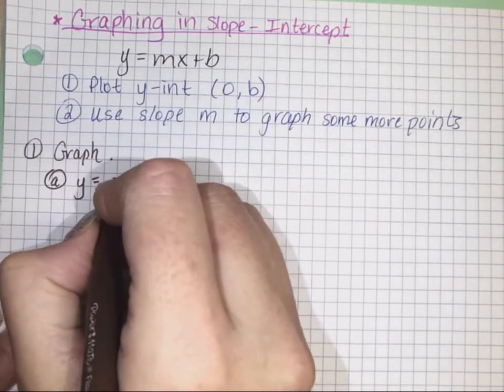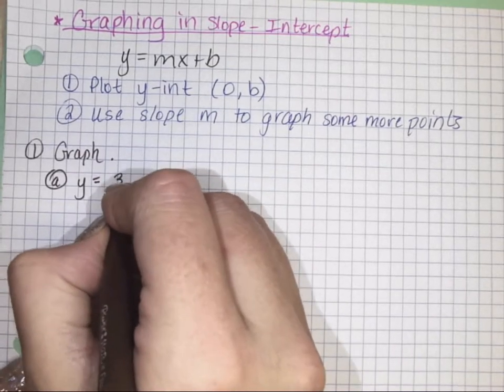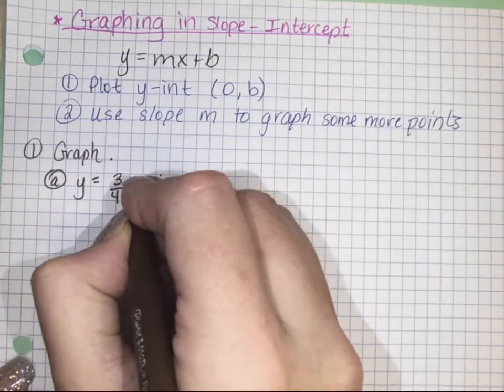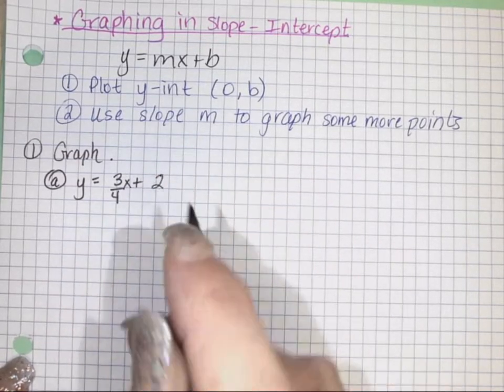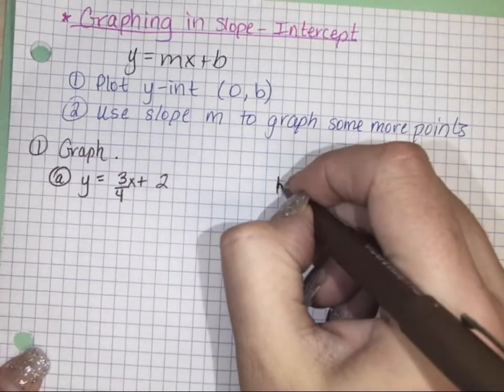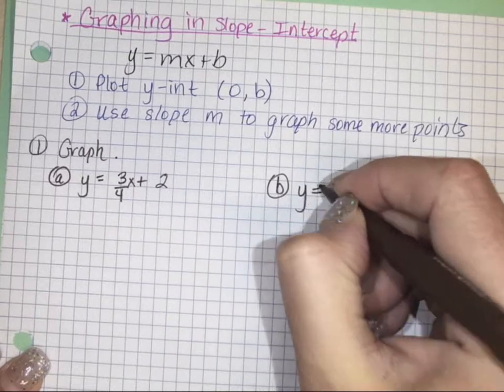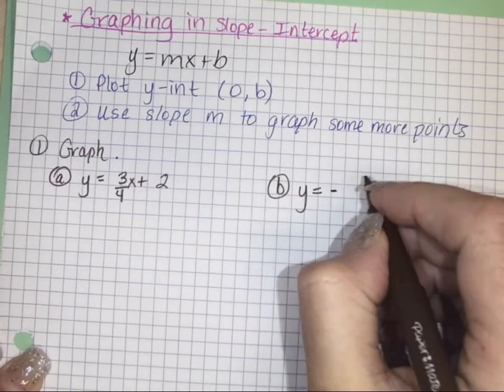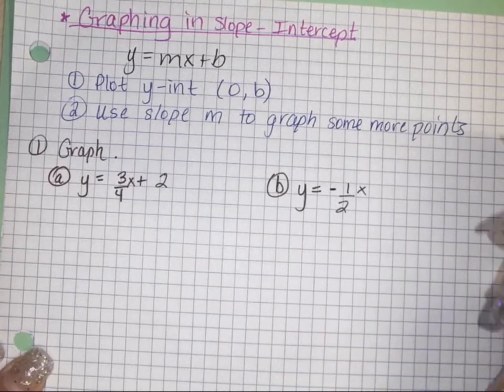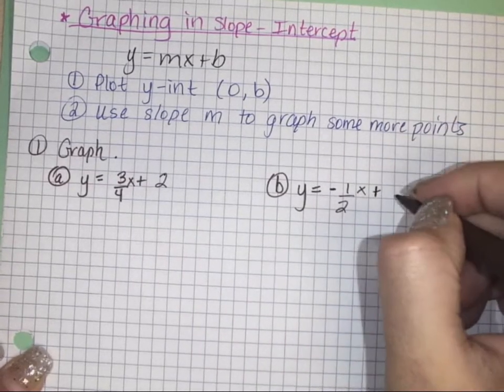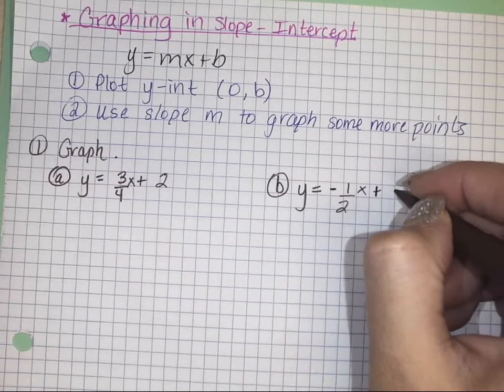Part A, y equals 3/4 x plus 2. Part B, y equals negative 1/2 x plus 1/2.